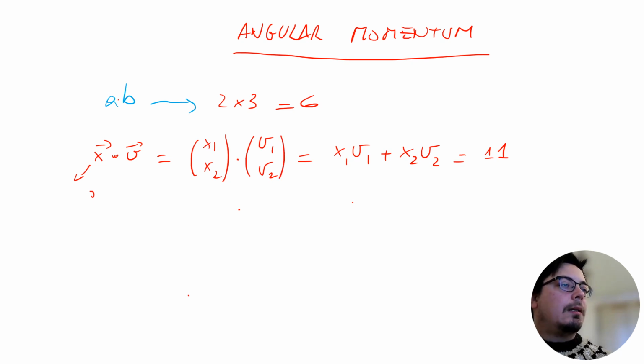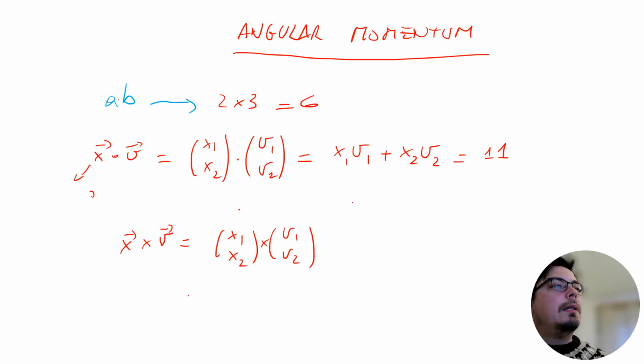But let's do x times v, and how was it? Oh, I forgot. Sorry. x times v is a vector, so we do x1, x2 with v1, v2. Now this is a bit annoying. We need to do a determinant in dimension 2. So x1 v2 minus x2 v1.